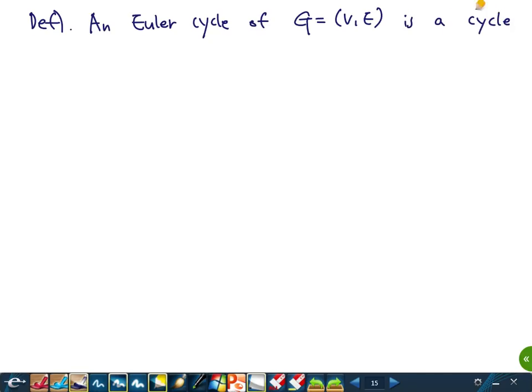Definition: an Euler cycle of a graph G. This may be some non-simple graphs like we saw before. Is a cycle that uses every edge. Let me put it this way.